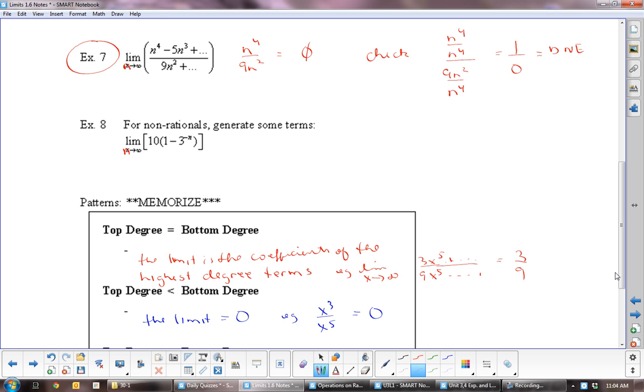Okay. This one's a little different. Why don't we multiply this out? This would be 10 minus 10 times 3 to the negative n, which would equal 10 minus 10 over 3 to the n.